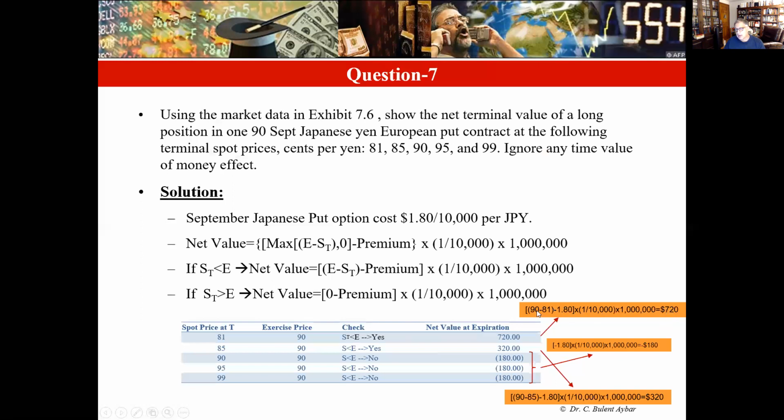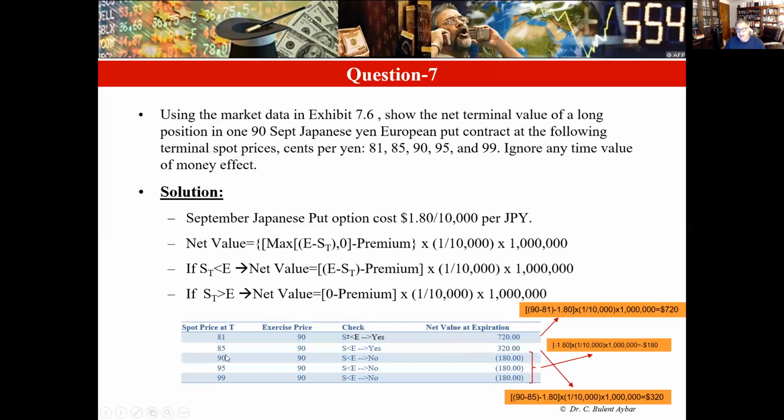So this part is actually a $900 value, but since we are paying $180 for the premium, 900 minus 180 is equal to 720. In the case of 85, this time 90 minus 85, which means a $500 value minus $180, is going to give us $320 net value.